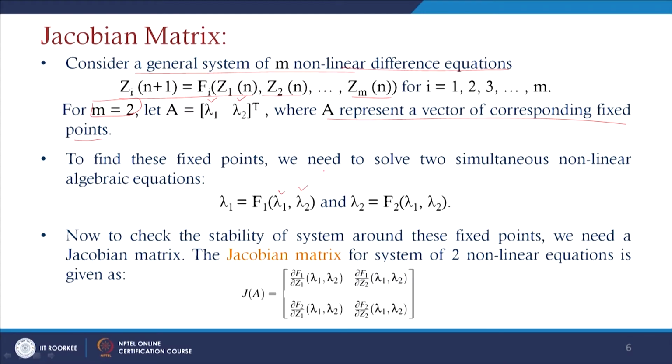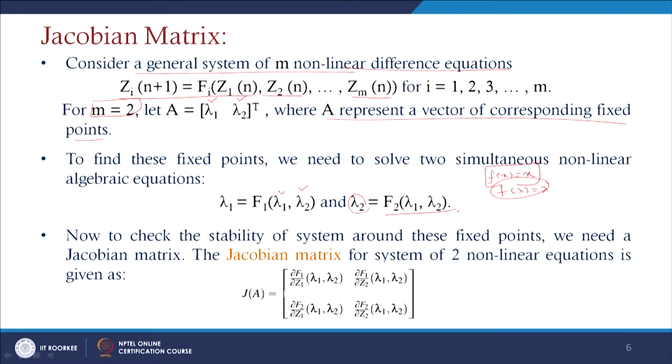Similarly for z2 of n plus 1, we put it in the form of lambda 2, which is a fixed point also, since in fixed point form we usually put f of x equals x, or f of lambda equals lambda. Already we have discussed these things in the earlier lectures. And we put lambda 2 equals f2 of lambda 1, lambda 2 here.